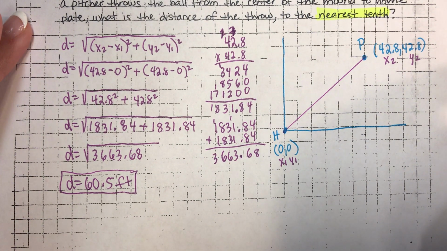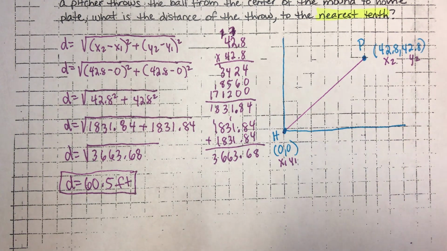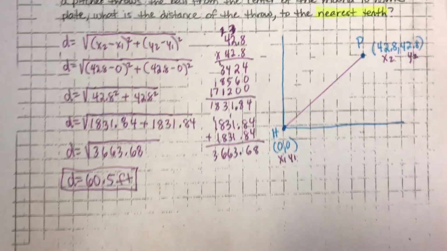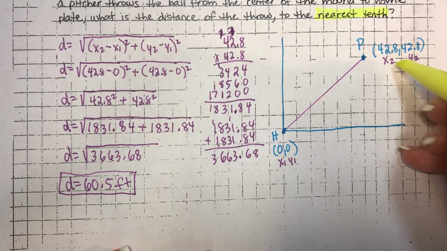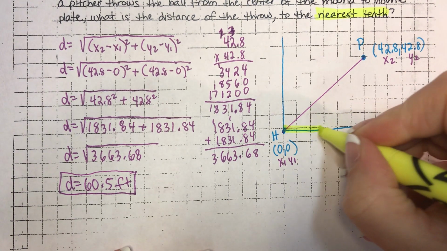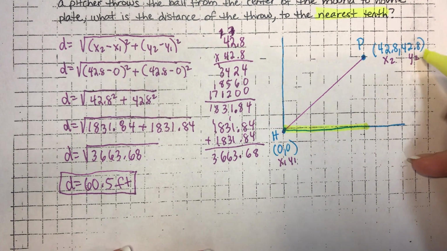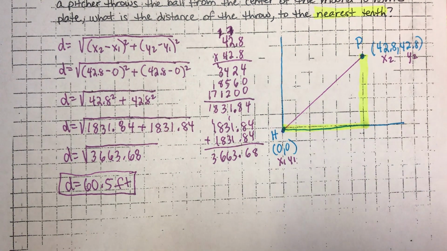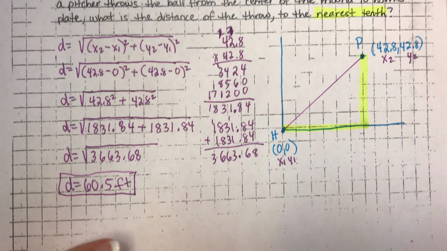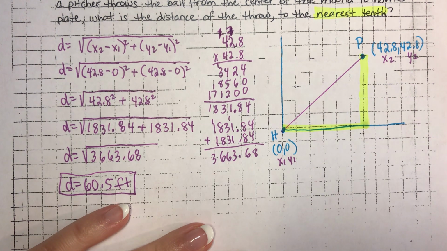And we have to think about that just for a second. So I'm trying to process, right? This ordered pair, this is the x, so it's 42.8. That means it's 42.8 feet this way, and then the y means it's 42.8 this way, right? That's why it's that ordered pair. So I'll use a different color.